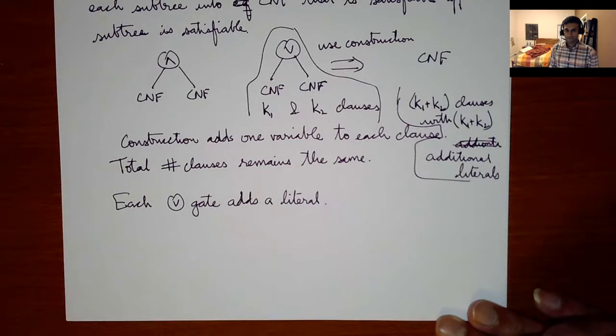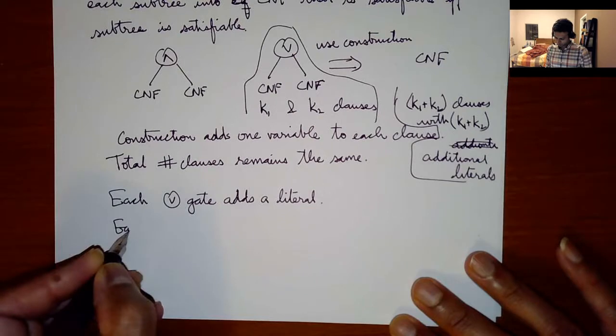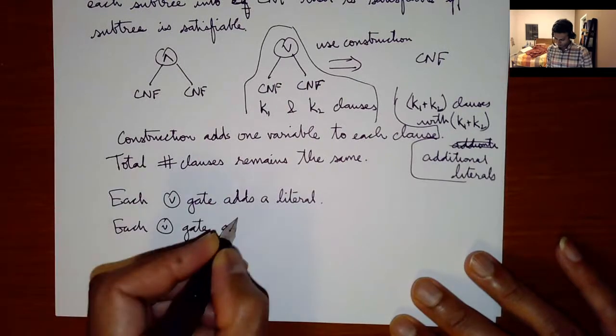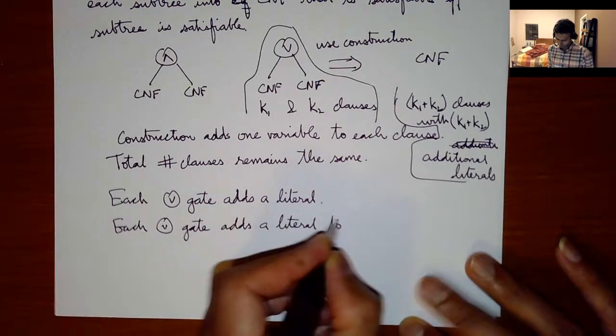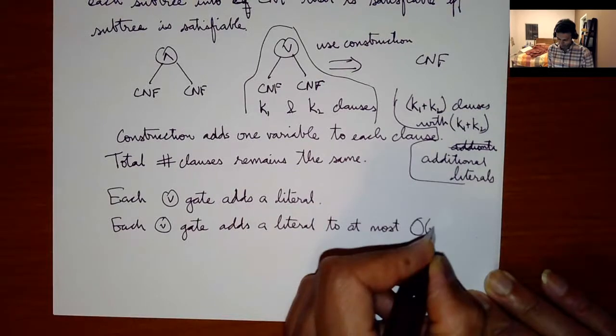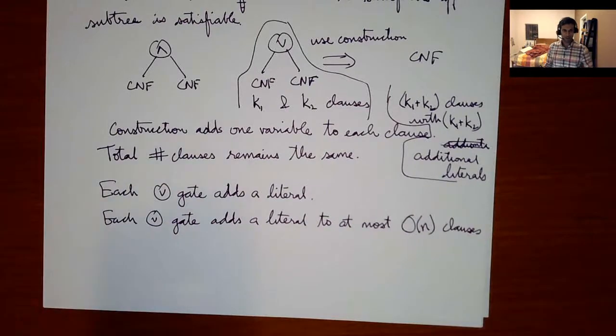So we can just bound this by saying that each OR gate adds a literal to at most O of n clauses, because that's just the size of the representation.